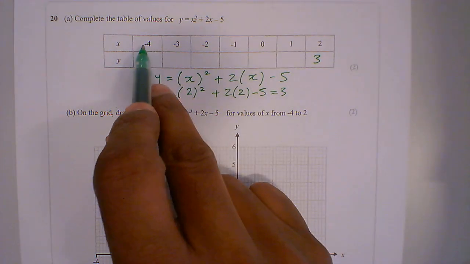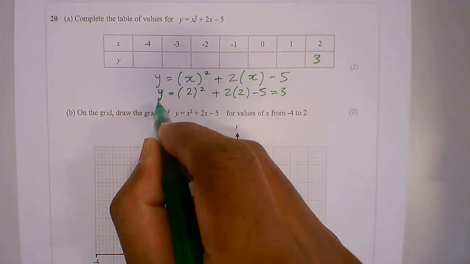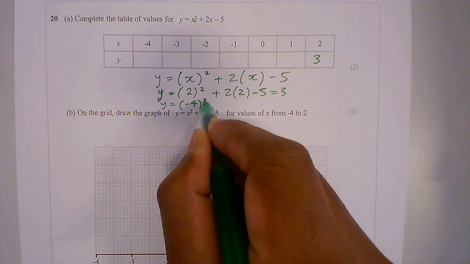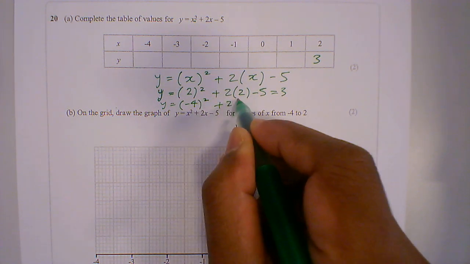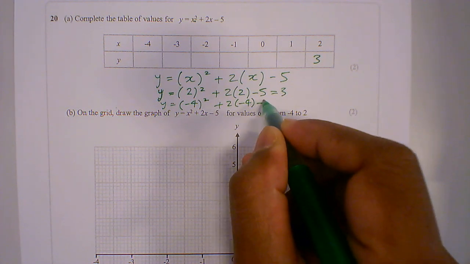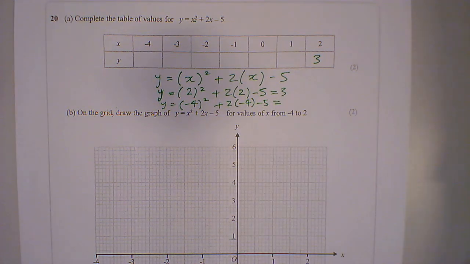Now I'll do the same thing with minus 4. So y equals, where it says x, it's minus 4 squared plus 2 bracket, the x is now minus 4 close bracket minus 5 equals, and again I do the same thing.